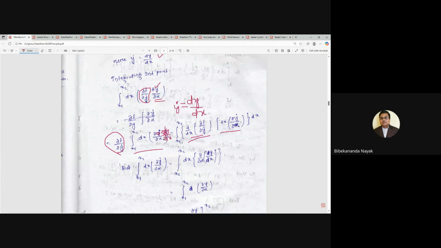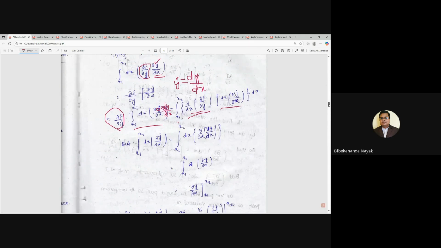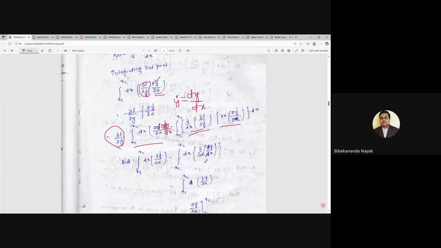So this can be written as the integration from x1 to x2 of dx times d by dx, I change the order, of del y by del alpha.